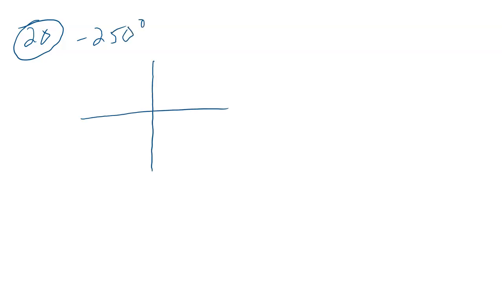On to 20. 20 is negative 250. So here's my reference angle. Here's my angle in standard position. I'm going negative 250, which should be just short here. Reference angle is in between the x-axis and the terminal side.